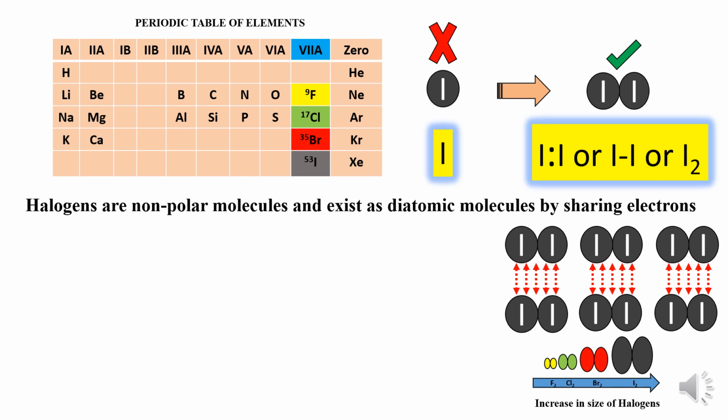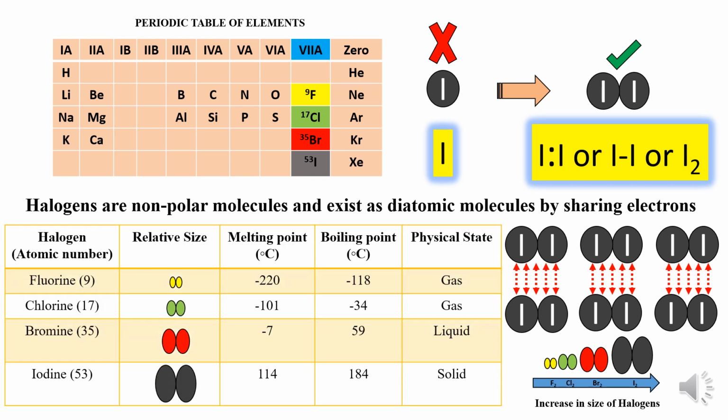As you go down the group, the size of the halogen molecule increases. As an outcome of the increase in the relative size of halogen molecules, as depicted in this table, the first outcome is the variation in their physical properties like melting point and boiling point.